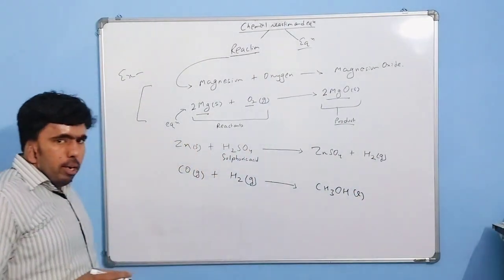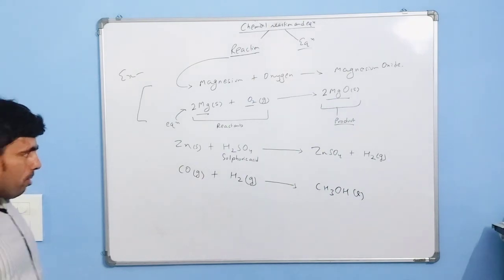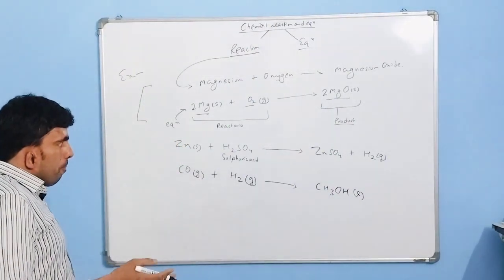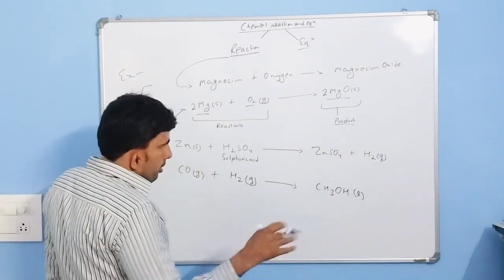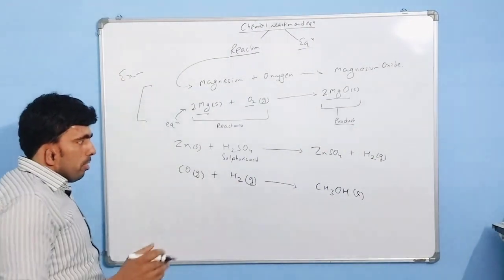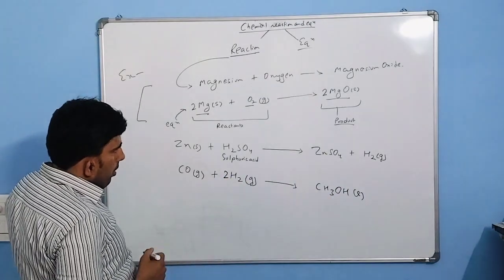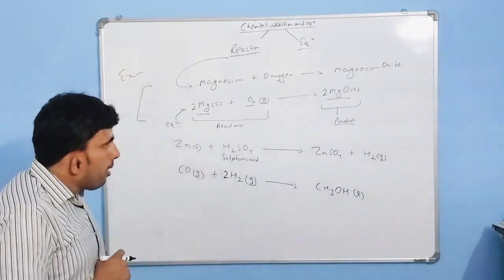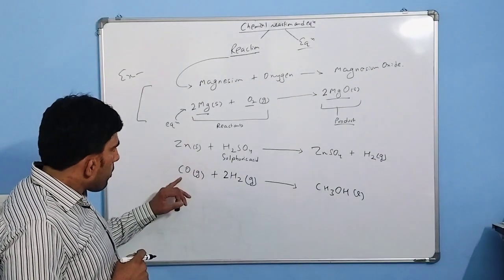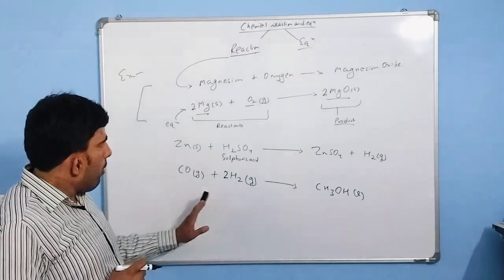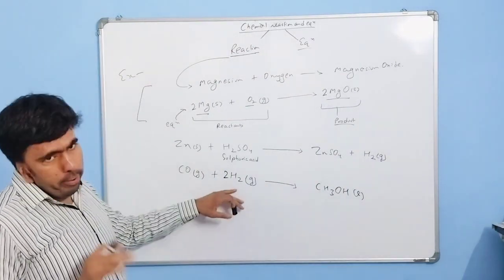Okay, let's see how this equation occurs. First thing, let us balance this equation. If I see 4, I can write 2 here. Now we have oxygen only 1 balanced, carbon is 1, hydrogen is 4, the equation is balanced.